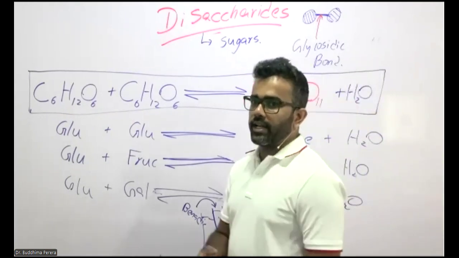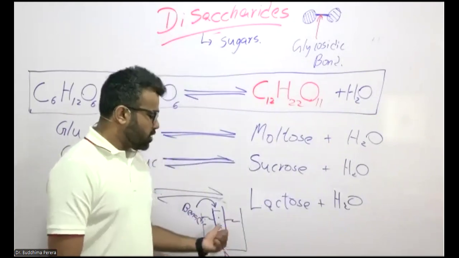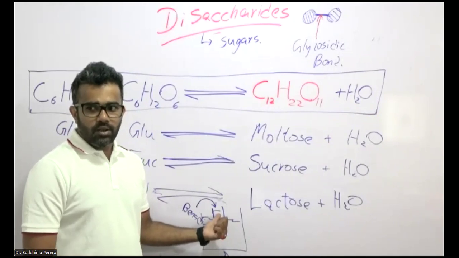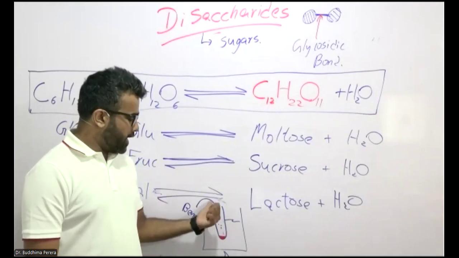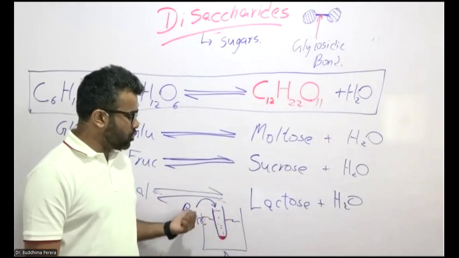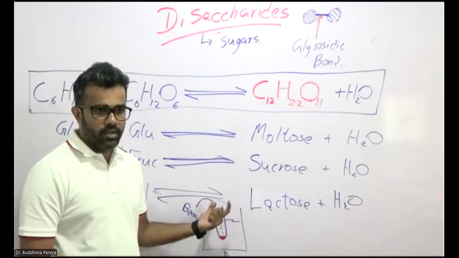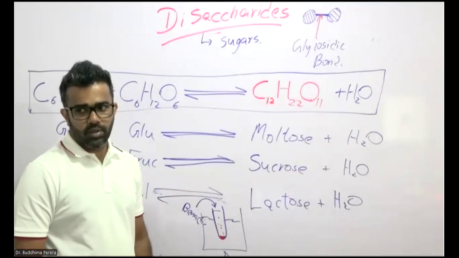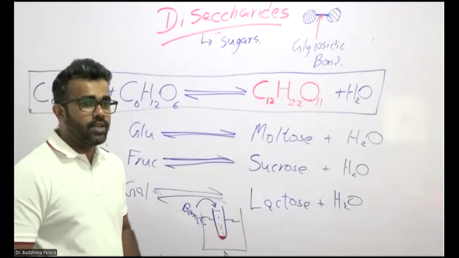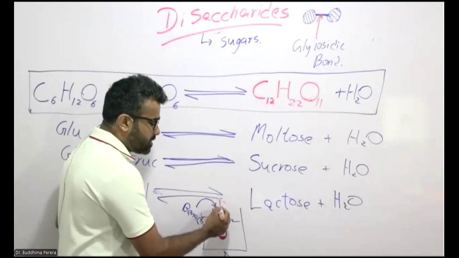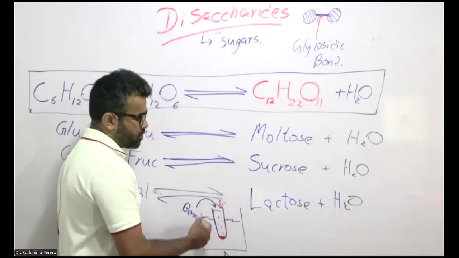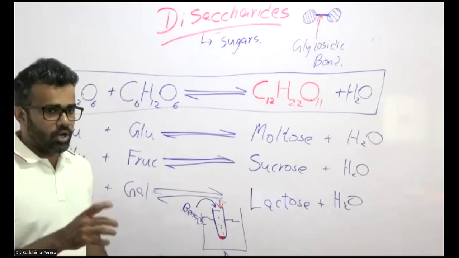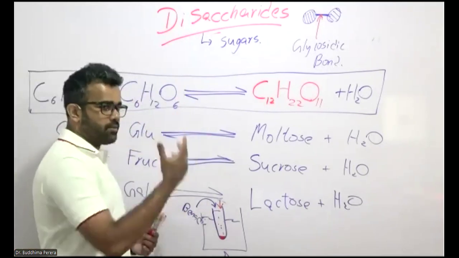Can you remember that sucrose doesn't do this reaction? When Benedict solution is added to sucrose and boiled, this color change won't happen. Then what we did was put in a small amount of acid, hydrochloric acid or sulfuric acid or any acid, and then heat it.